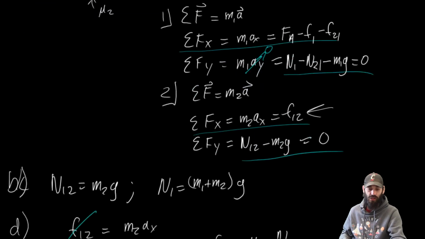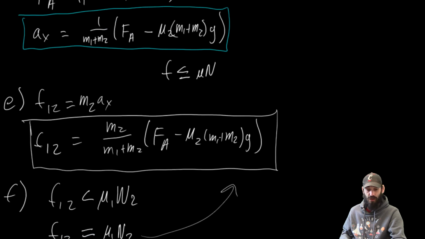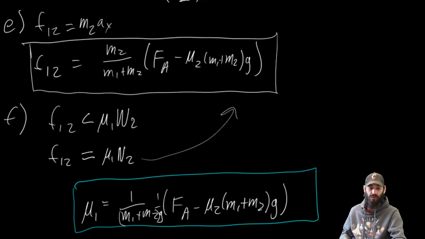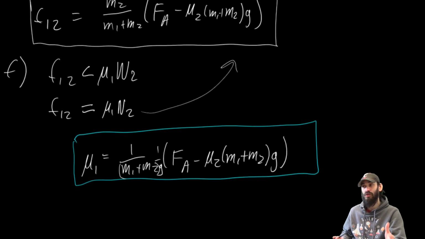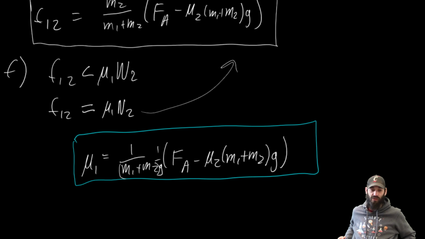In the case of part E, it's not going to be its maximum value of mu times n. And then in part F, we're trying to find the case where it is equal to its maximum value: what's the expression for the coefficient of friction?